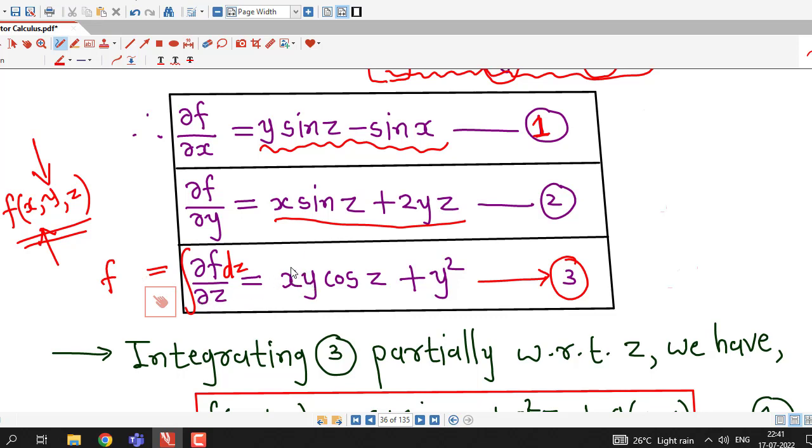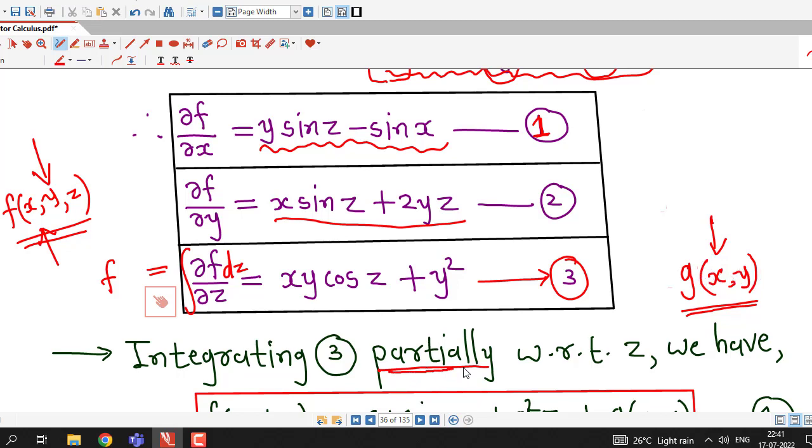And on right hand side we have integral with respect to z. And because integration is partial, constant of integration can be a function of remaining two variables x and y. So instead of writing plus c as constant of integration, we will write some function of x and y, say g of x, y, as constant of integration.